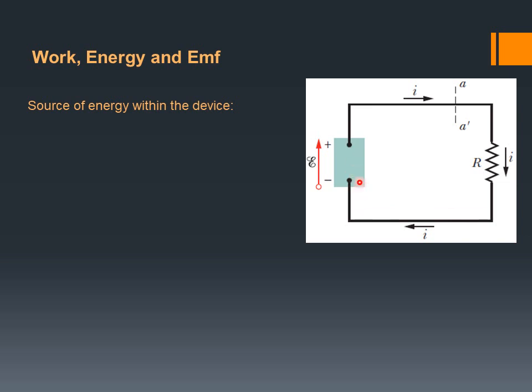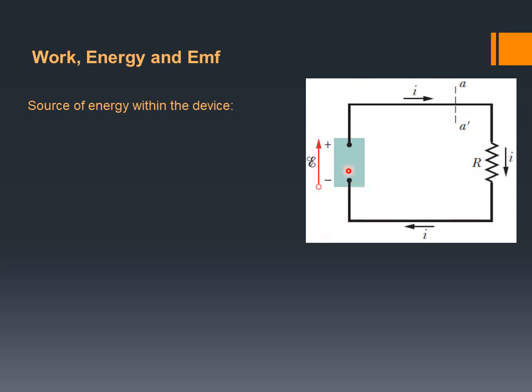So what happens inside the battery? When the charges reach this terminal of the source of EMF, they are at lower potential. For example, if they are electrons, they can't move by themselves from lower potential to higher potential, because we know that charges always flow from higher potential to lower potential.